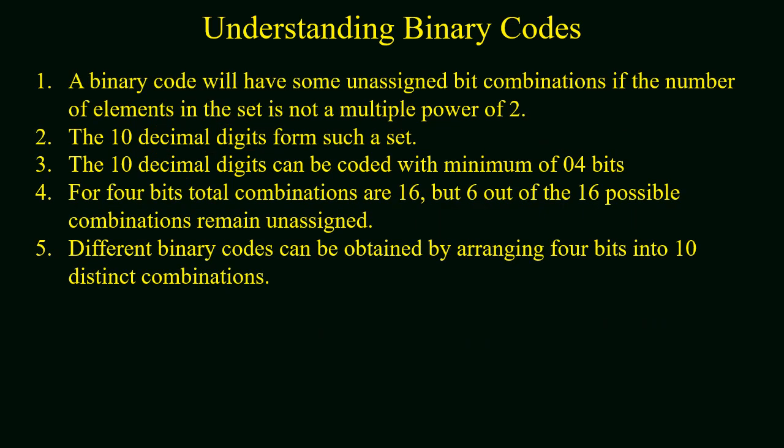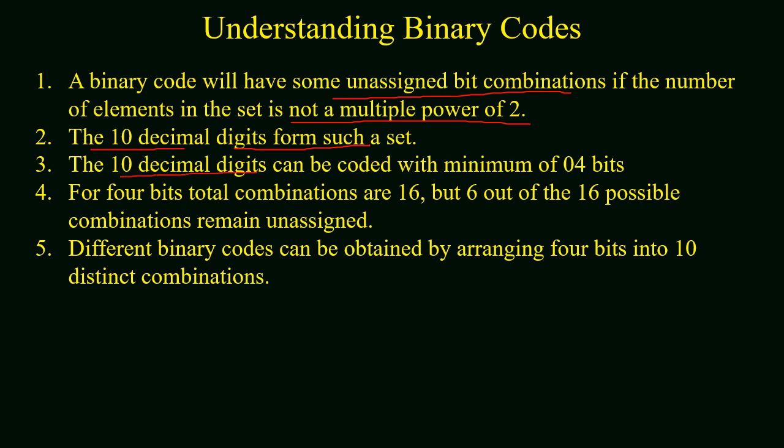Now we know that if we have 2 power n distinct quantities, n bits can be used for a binary code. But if the number of distinct quantities is not a power of 2, then in this case we will have some unassigned bit combinations. Now consider 10 decimal digits. For binary code, a minimum of 4 bits is required.